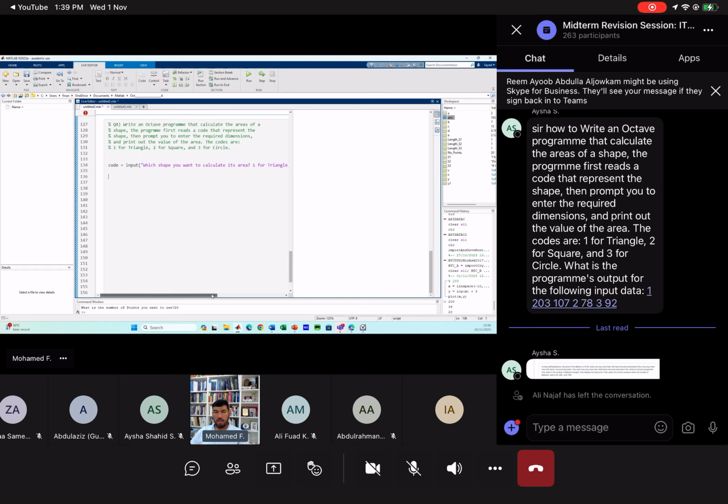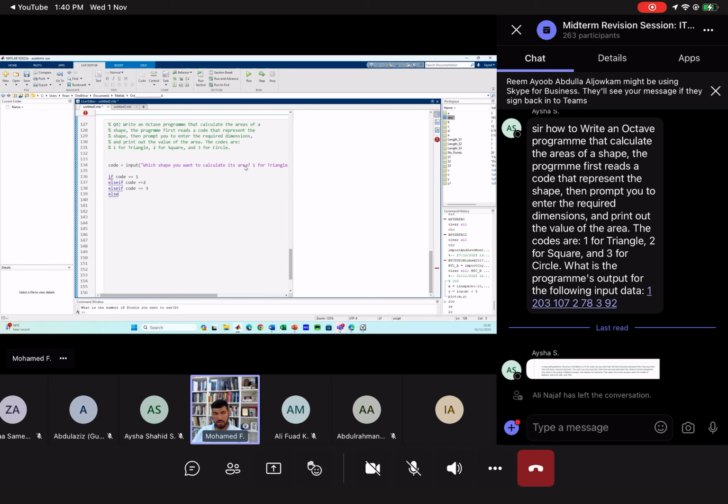Anyway. So now the first one is the triangle. We'll do an if statement. If code equals 1, else if code equals 2, else if code equals 3.